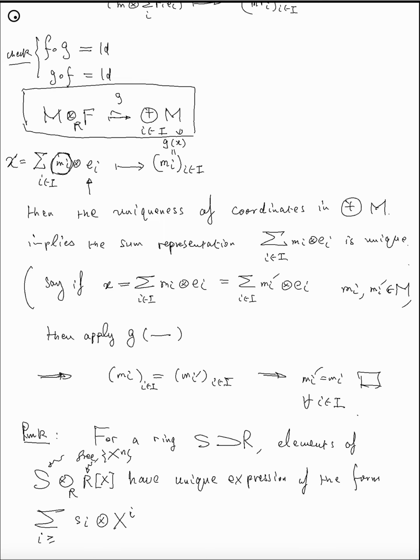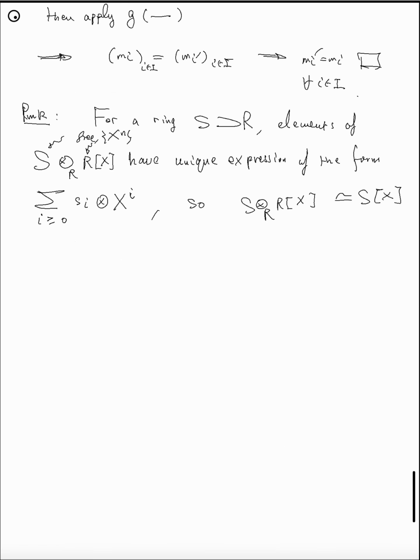And so any element could be expressed in this way, and so this is also isomorphic to S[x], and the map is just mapping this s_i tensor x^i to s_i x^i.